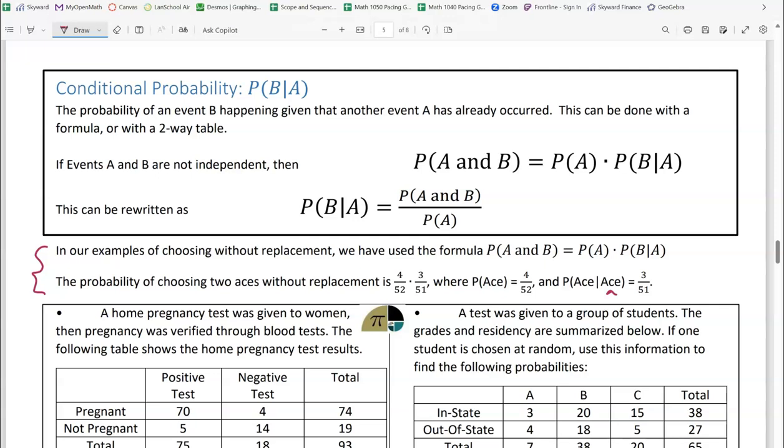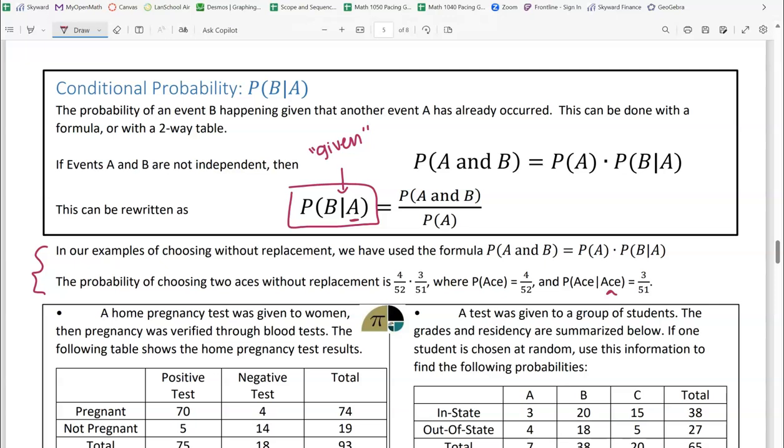Okay, so when you see this notation, this is our conditional, and this line right here means given. So the probability of B happening given that we already know A has occurred. Whatever comes second, that has already happened and we know that has happened.